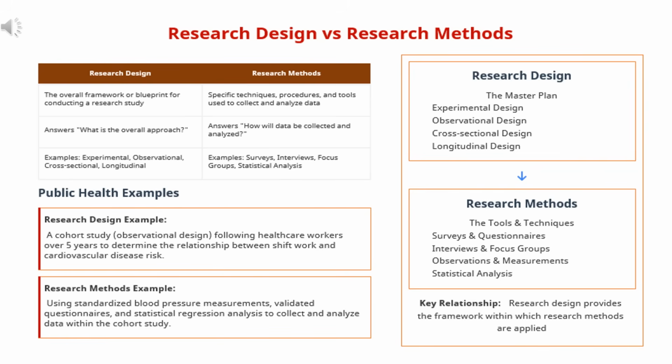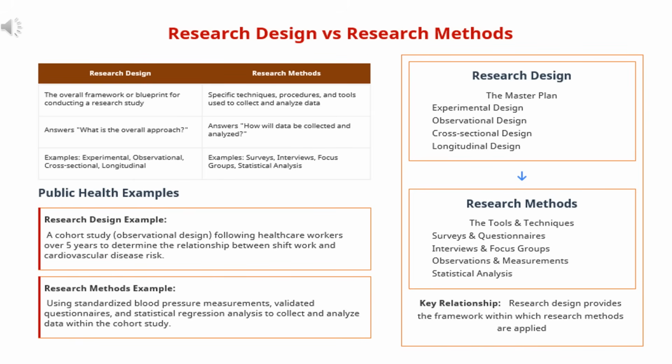With respect to research methods, these specify the techniques, the tools, and the procedures you use to collect and analyze your data. And it answers how data will be collected and analyzed. Example, it includes maybe using surveys, interviews, focus groups, or statistical analysis. Then to illustrate this, let's look at some examples. For research design, you might choose an experimental design, for instance, a randomized control trial.